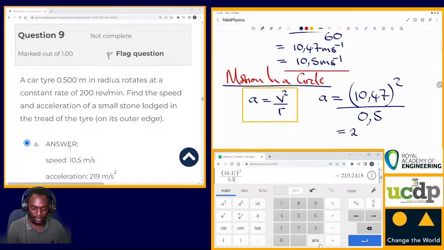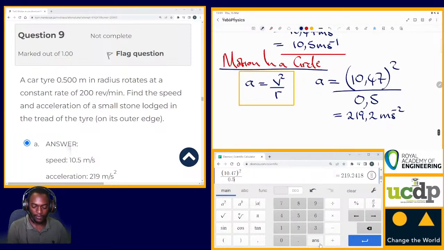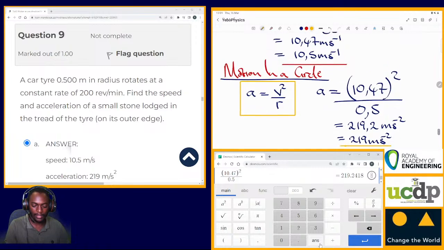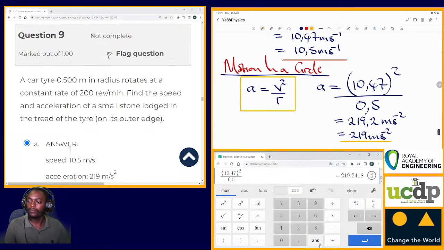So acceleration is 219.2 meters per second squared. Then our answer has been given to three significant figures, so that becomes 219 meters per second squared. So this becomes our solution, which is expected from the options that we are given there.